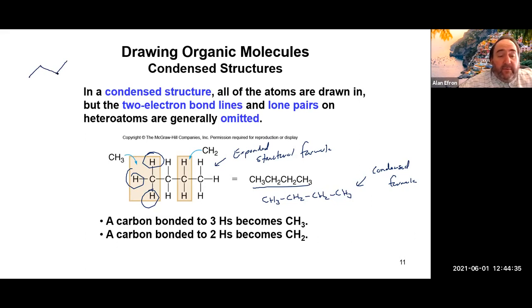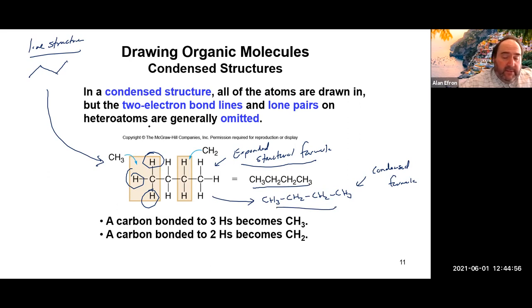Again, 1, 2, 3, 4. So that is the same thing as this guy, which is the same thing as this guy. Again, this would be our line structure, our line formula. This would be our expanded structural formula where all the hydrogens are drawn out. And this would be our condensed formula as well. Any questions on that there?